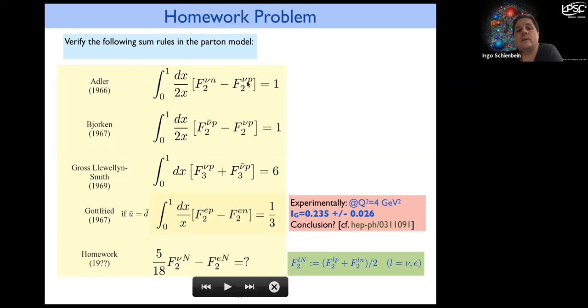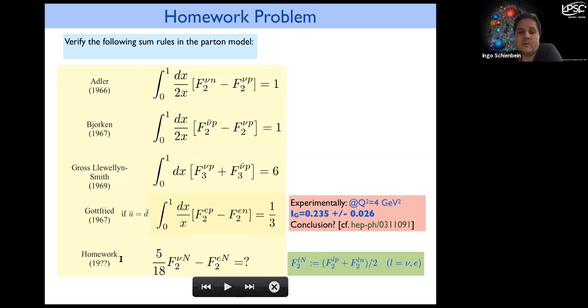If you integrate over it, it gives 1. There's a Bjorken sum rule, which is written here, a Gross-Llewellyn-Smith sum rule for F3. The Gottfried sum rule, which predicts 1/3 if the up quark sea is equal to the down quark sea.